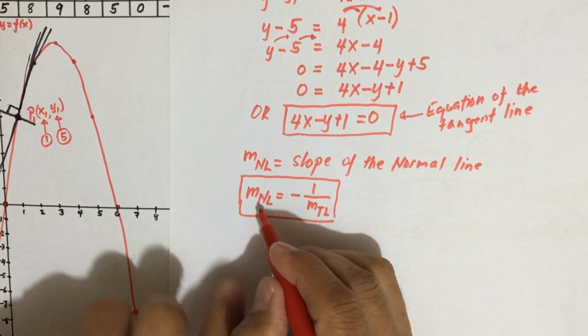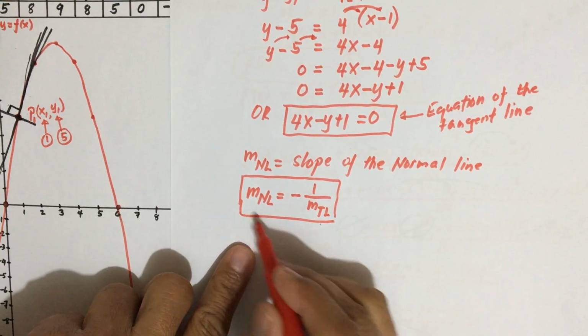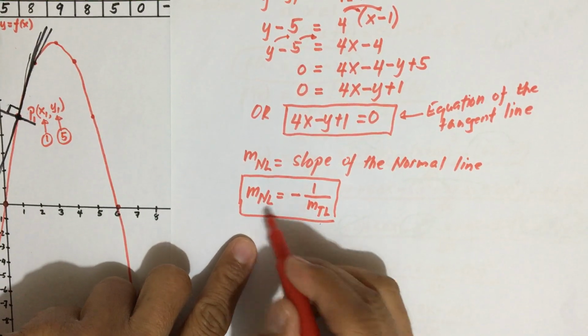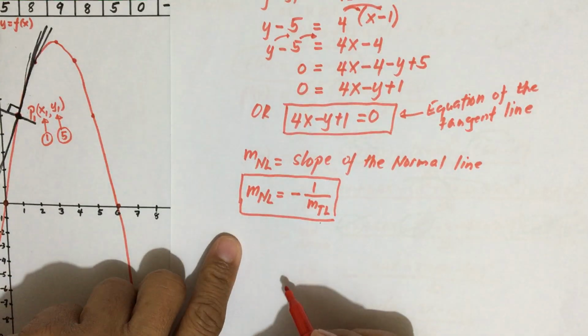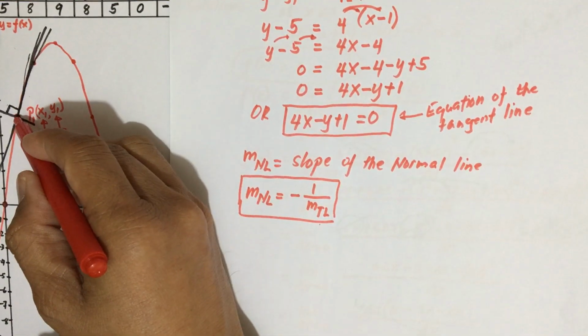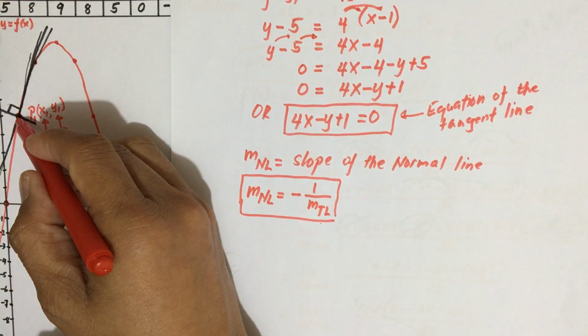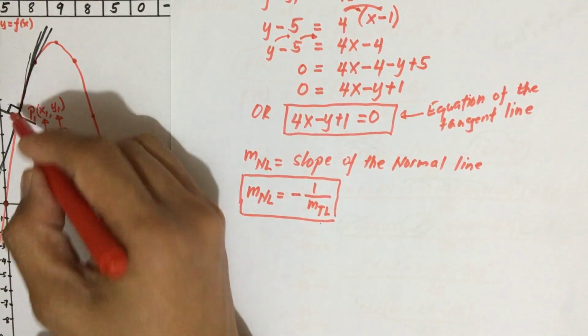Alright, so first we have to solve for the slope of the normal line. Or you can simply substitute directly to the point slope form, because this line also passes through the same point that the tangent line passed through.